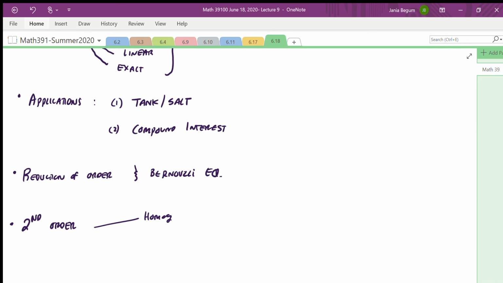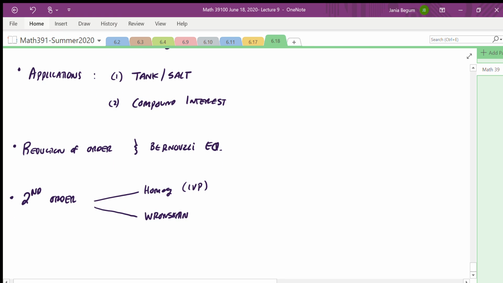If the roots are real, if the roots are complex, and if the roots are real repeated. So that could be one of them with an initial value. And then we talked about the Wronskian of two pair of solutions. And then, what else? Yeah.